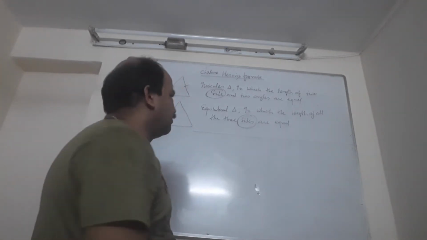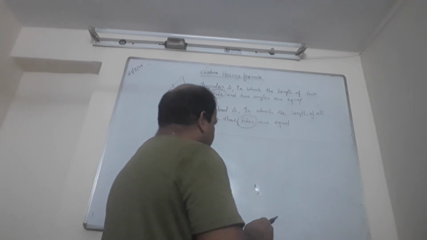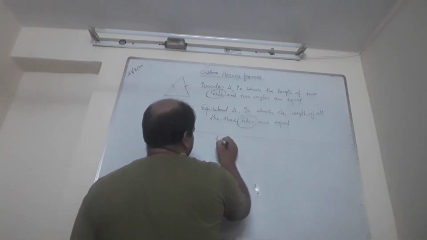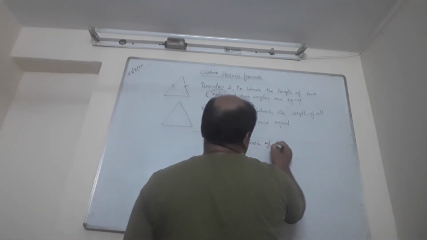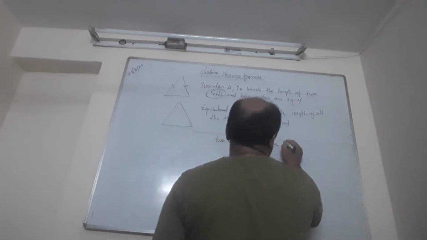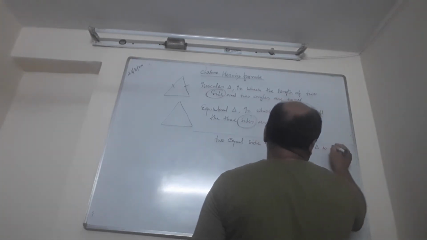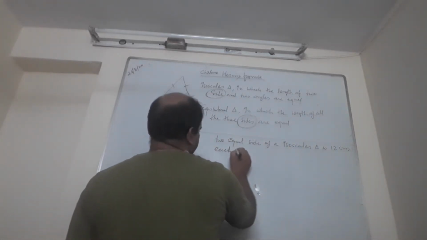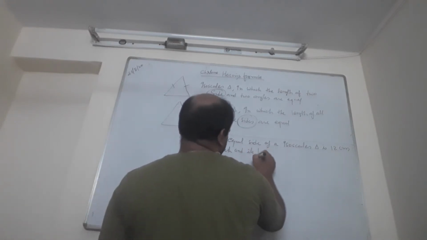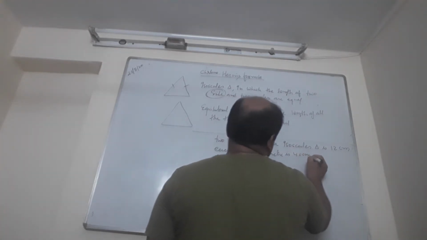Let us take one example of a question like: two equal sides of an isosceles triangle are 12 centimeter each and its perimeter is 40 centimeter.